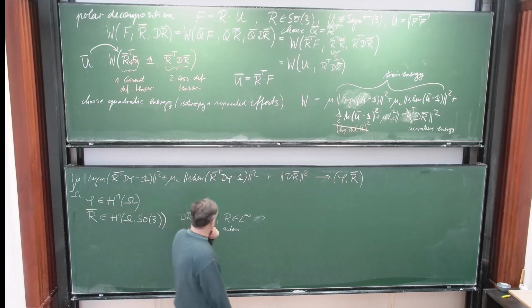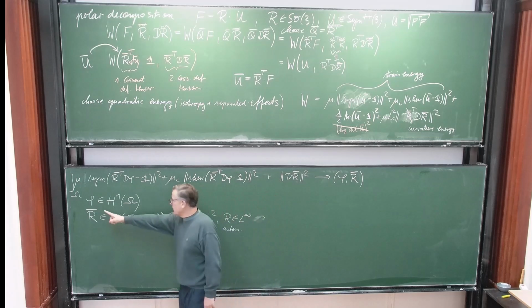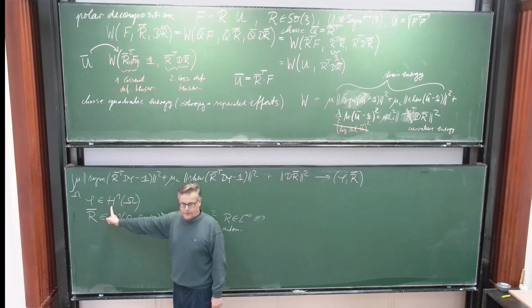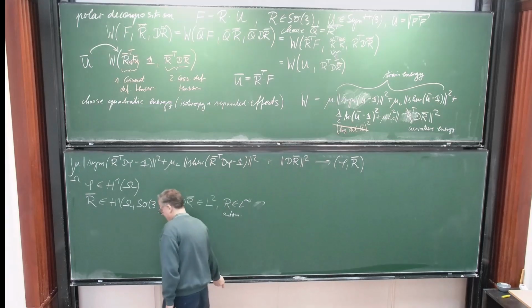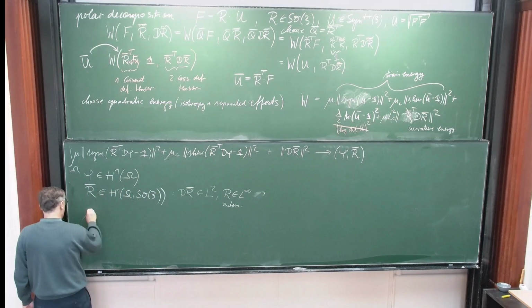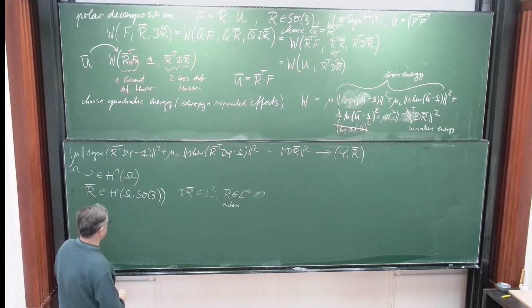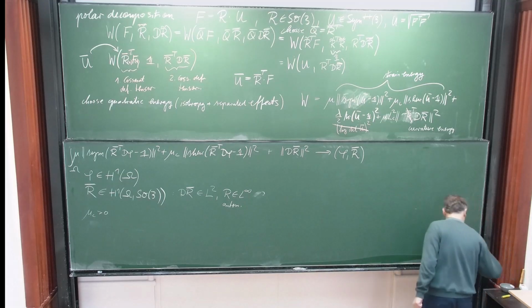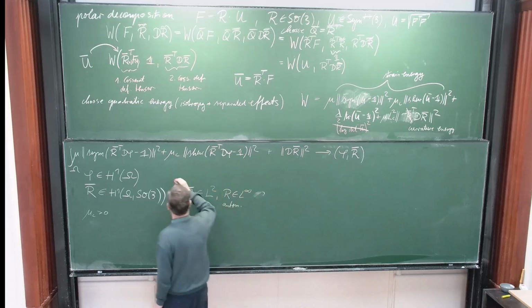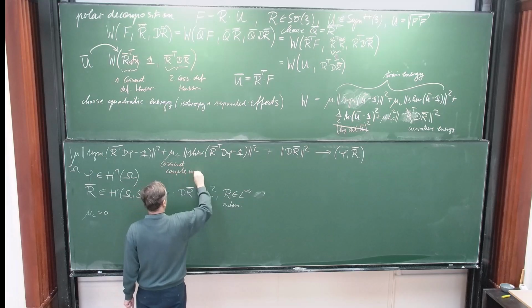Okay, now let's see under which conditions we will have a control of the H1 norm of φ. So the first condition, and that is a case which I don't like very much: let's say μ_c is positive. And μ_c has a name, it's called the Cosserat couple modulus.